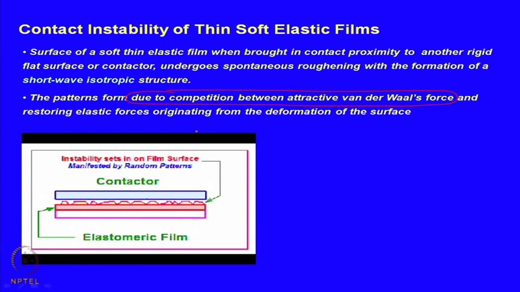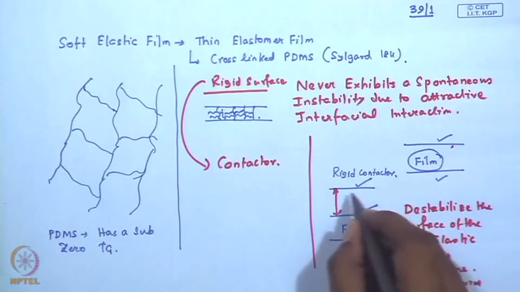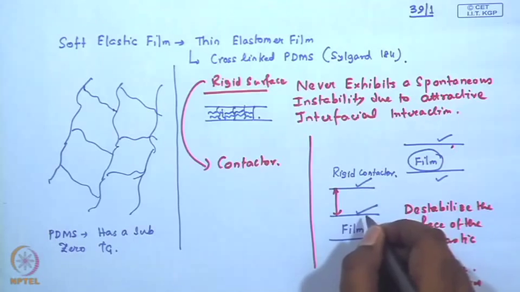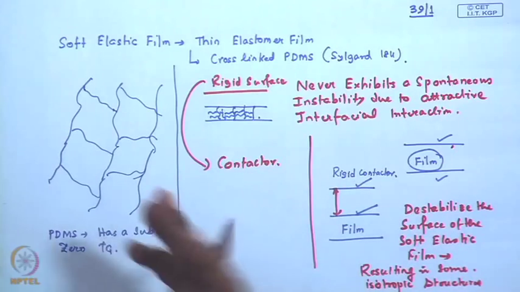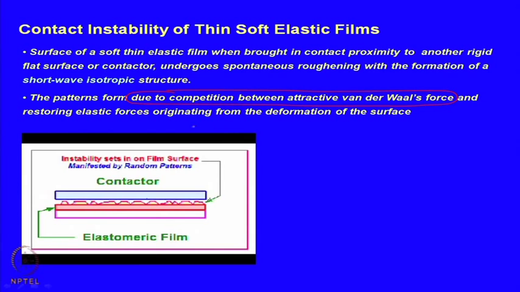Again, the attractive van der Waals force is present, but it is not active between the two interfaces of the film; it is between the contactor and the film. Any instability is opposed by surface tension as well as elastic forces originating from deformation of the matrix.